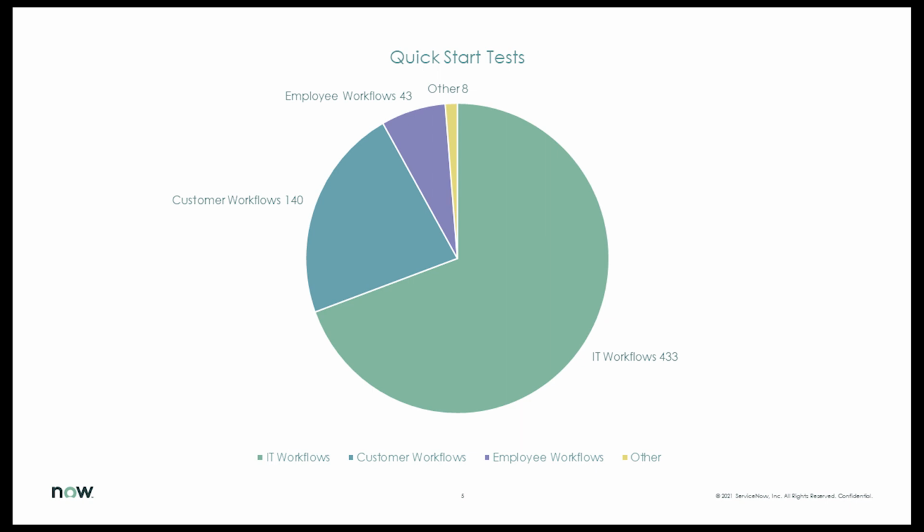If you'd asked me how many we have, I'd have probably said something like 250. Yes, 250 shocked. Is not even all of IT workflows. So most of them, in that case, it's 433 for IT workflows, 140 for customer workflows, another 43 in employee workflows, and some other ones like CMDB and stuff.